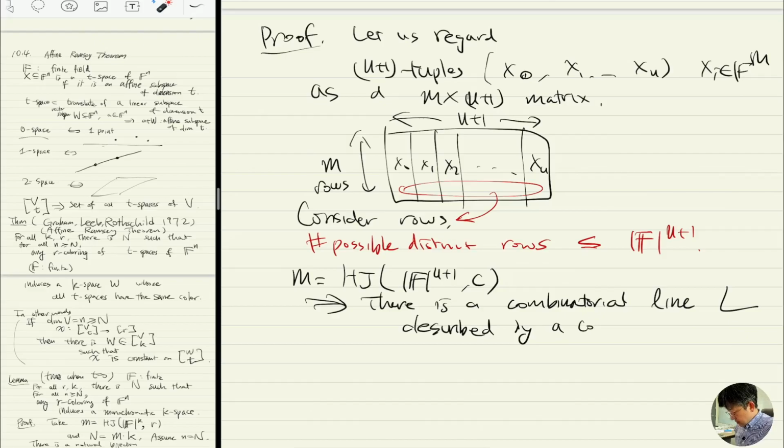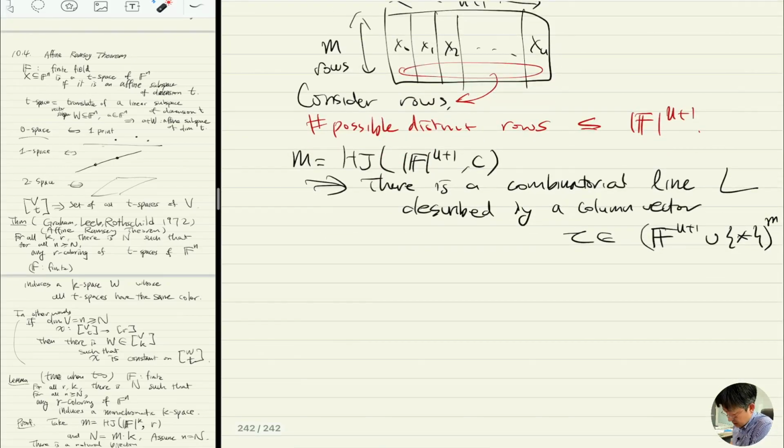a column vector, tau in let's say F to the U plus 1. I mean, it's described by some column vector in union star to the M's power. But what is this combinatorial line?